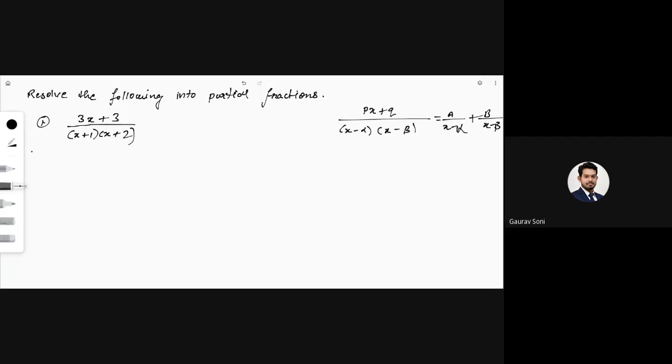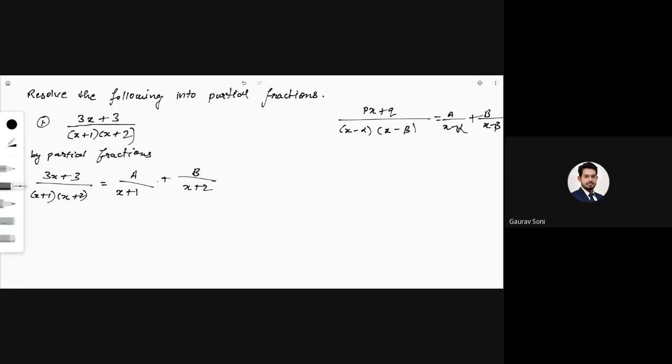So by partial fractions, (3x + 3) upon (x + 1)(x + 2) can be written as a upon x plus 1 plus b upon x plus 2. Everyone convinced up to this? Yes.